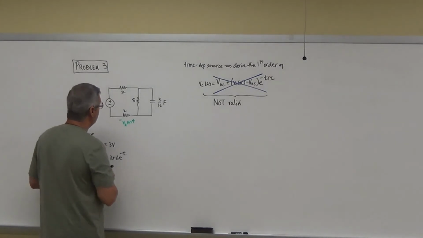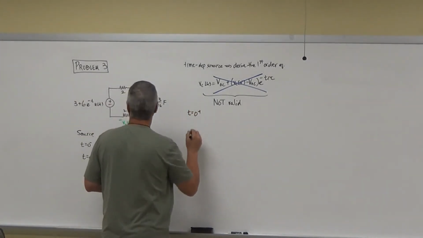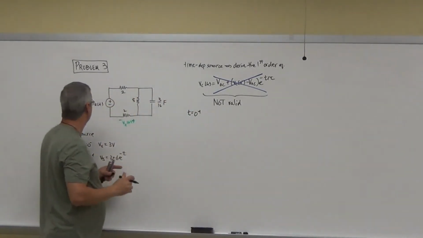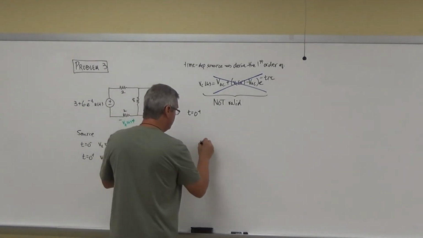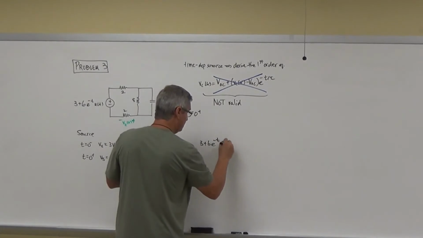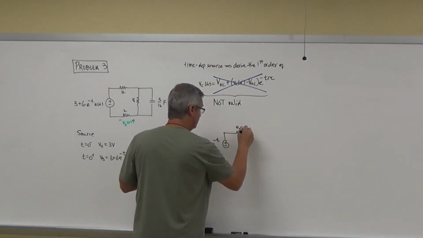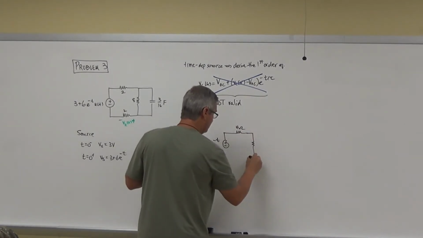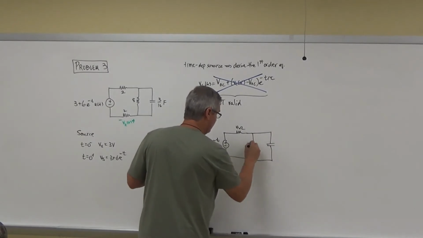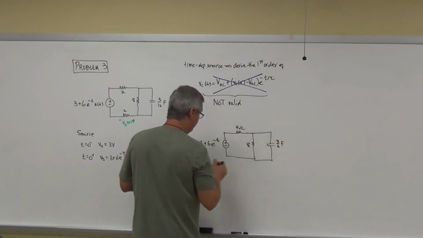I'm looking at t equals 0 plus, so I've got a source. I'm going to combine these two resistors. So I get 3 plus 6 e to the minus t, then a 4 ohm resistor, an 8 ohm resistor, and then my cap.